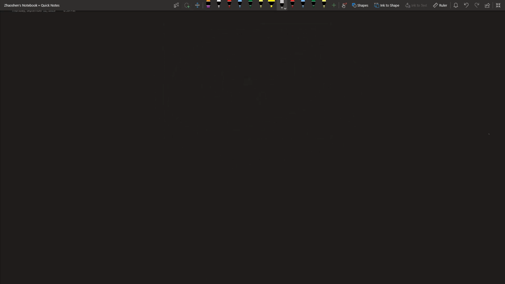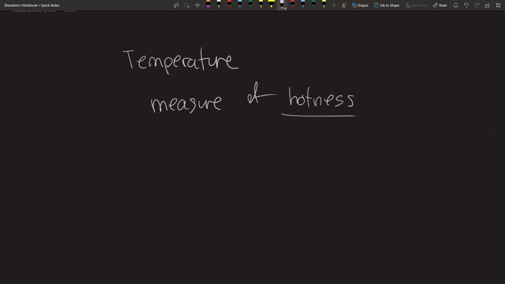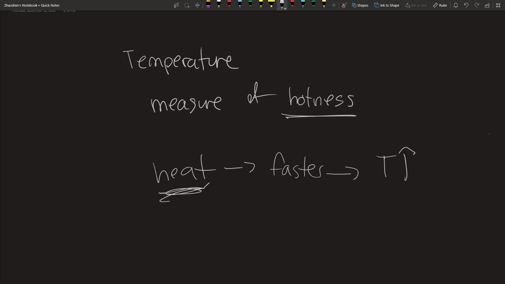So now let us redefine temperature in a more conventional way. So, what is temperature? We define temperature as the measure of hotness. But what is hotness? If we add heat to the particles, they move faster, and thus the temperature increases. As we said, temperature increases when we add heat. But why does the heat increase the temperature?